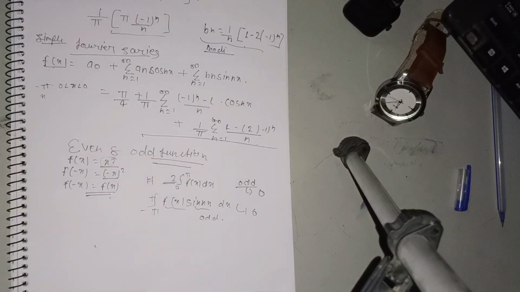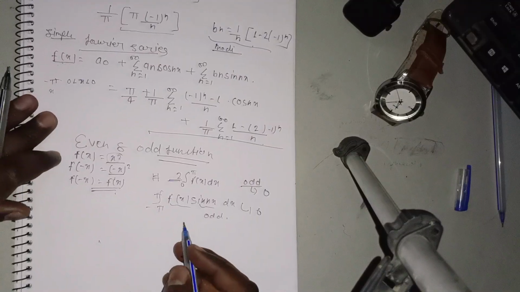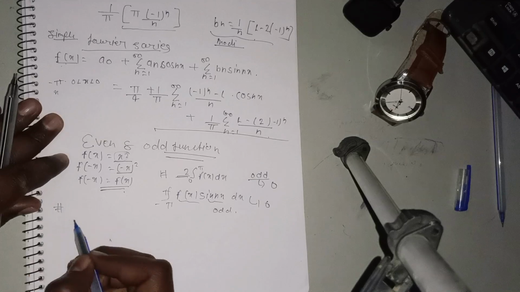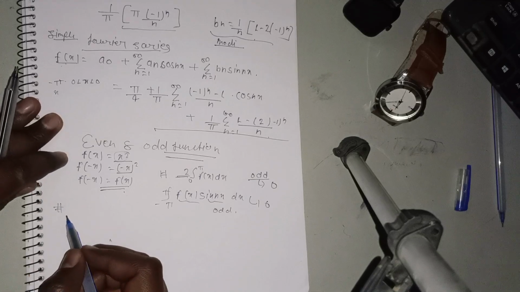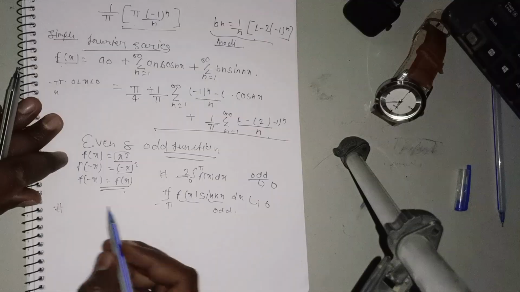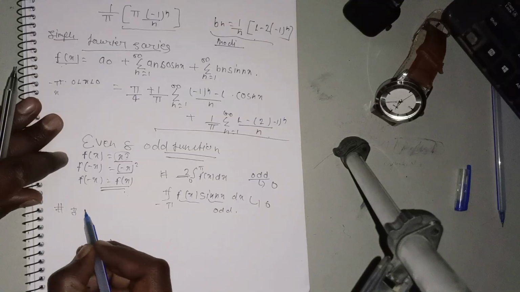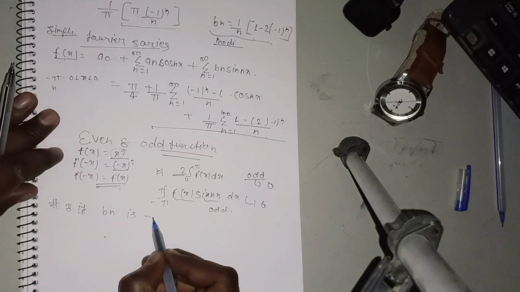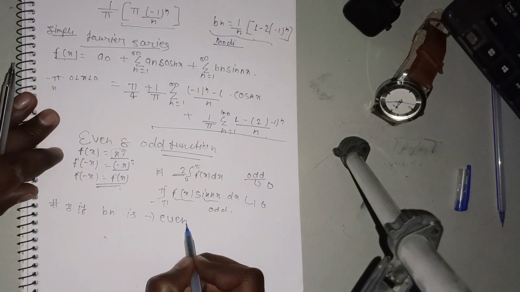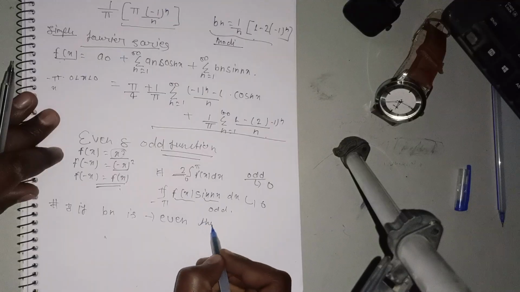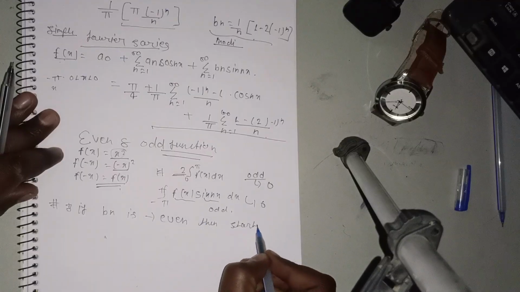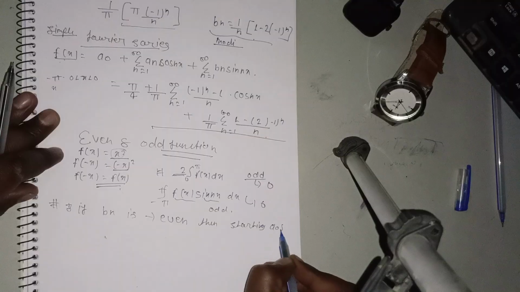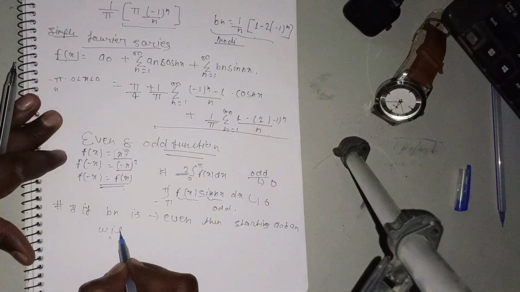Let's discuss the question. So the main concept is, if the function is even, then a naught and an will be starting, and bn will always be 0.